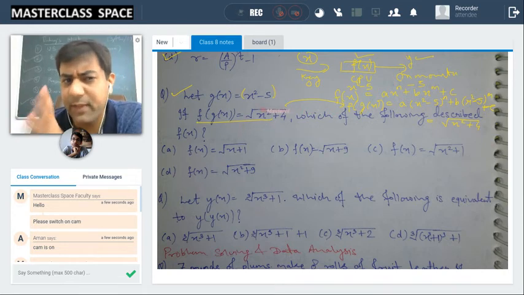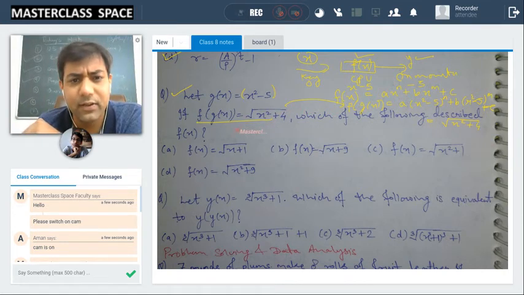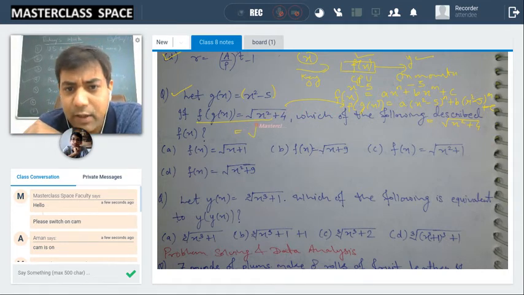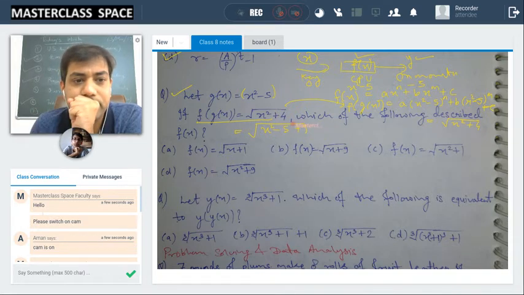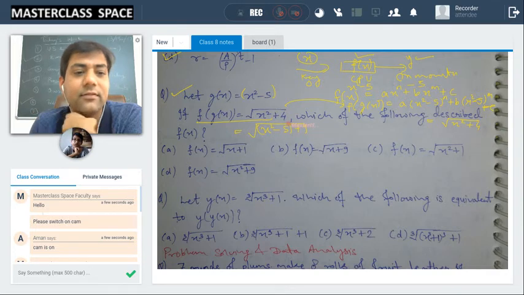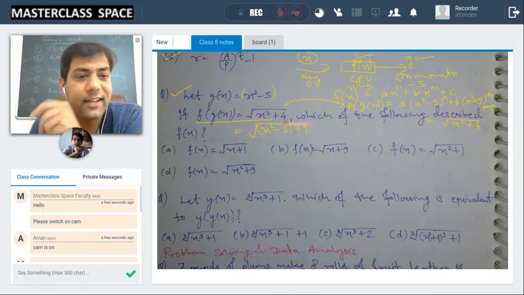This is mathematics. Mathematics is more about manipulations. So what I do, see, under root, can I write this as x squared minus 5 plus 9? And what is this? g of x. Exactly.